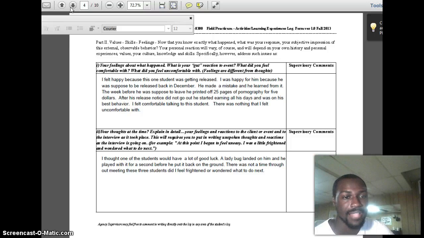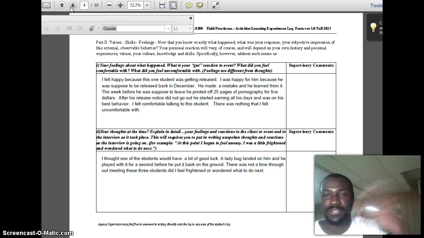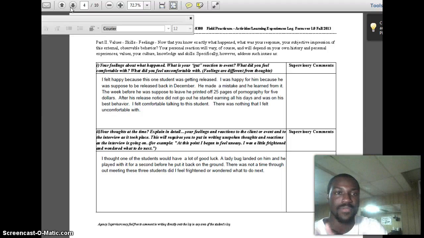All right, guys, let me explain this for a little bit. Your feelings and thoughts are two different things. For example, feelings are like feeling happy, excited, ecstatic, sad. Those are feeling words, and if you don't know, you could look up feeling words on Google and a list will come up.